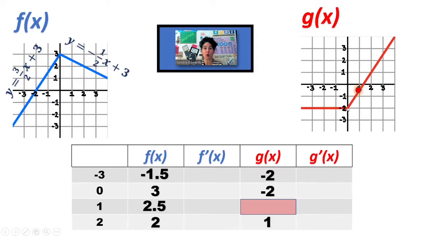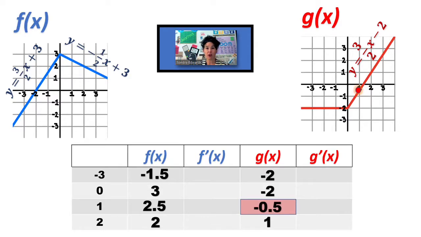If I start here at the y-intercept -2, I could rise a total of 3, 1, 2, 3, and run 2, so my slope is 3 over 2 with a y-intercept of -2. Okay, so now I can substitute 1. I want to find g of 1, so if I plug in 1, 3/2 times 1 is 3/2 or 1.5, and 1.5 minus 2 is -0.5.